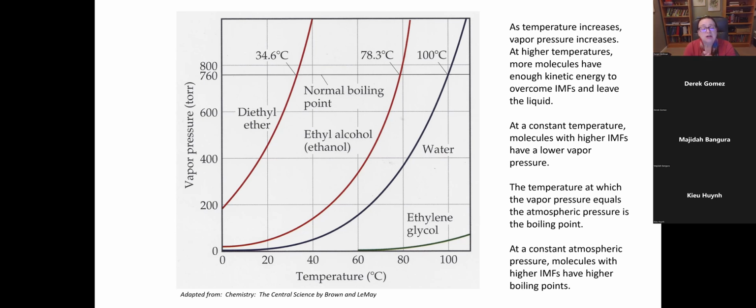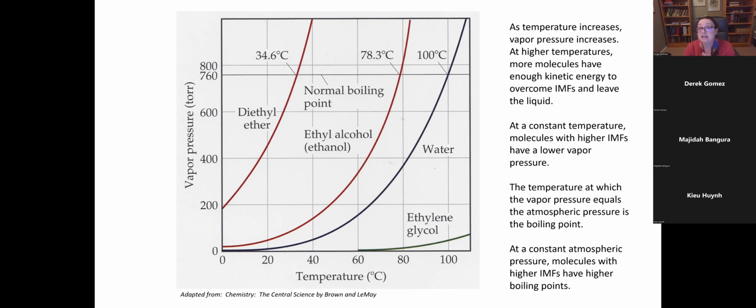Right? So why does that make sense? Let's think about it. When the temperature goes up, the molecules are getting more kinetic energy on average, so they can overcome those intermolecular forces, and more of them end up in the gas phase. So that means more vapor pressure. For all of these materials, as the temperature goes up, the vapor pressure goes up.